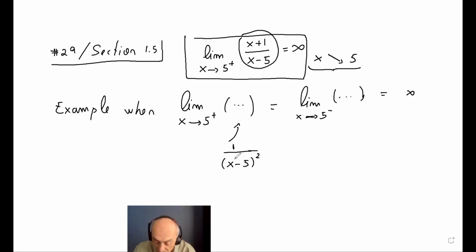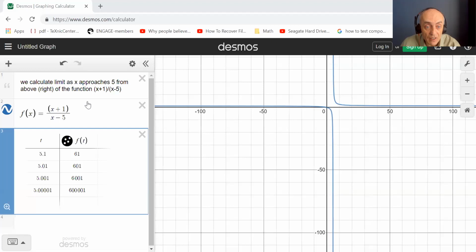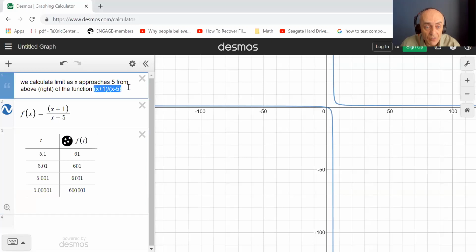Let's see that that is the case. So if we put this formula in both formulas here, we'll have a limit of infinity from both sides. And I'm going to stop sharing this with you. I'll pull back decimals. All right, so let's calculate the limit as x approaches 5, not of this function. I'm going to change my notation here.